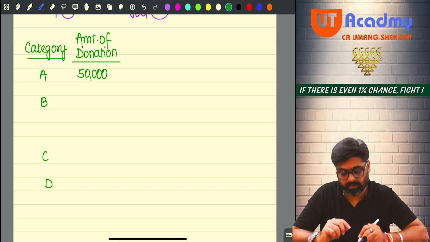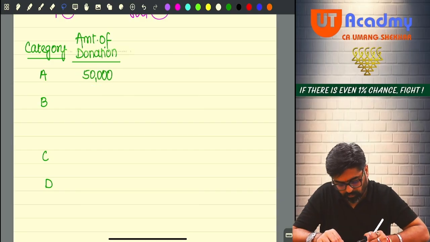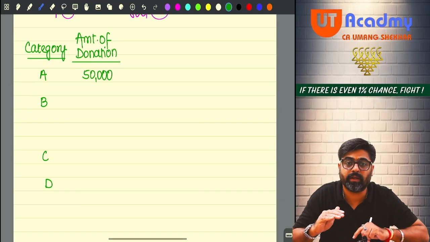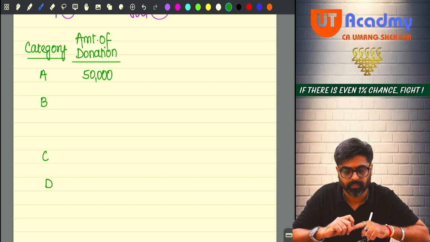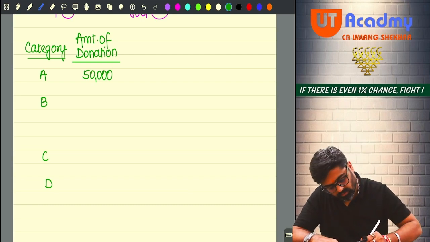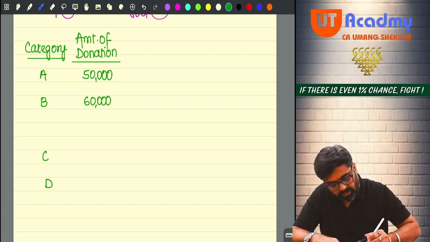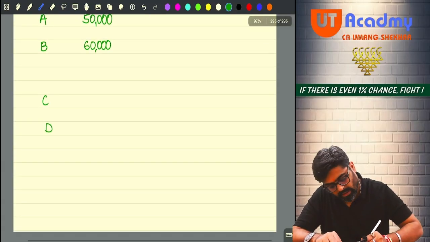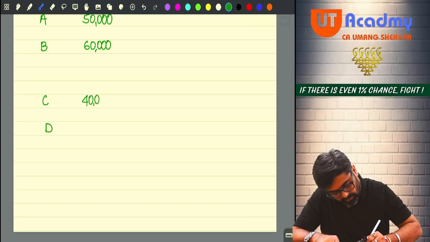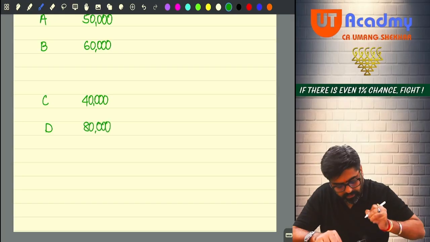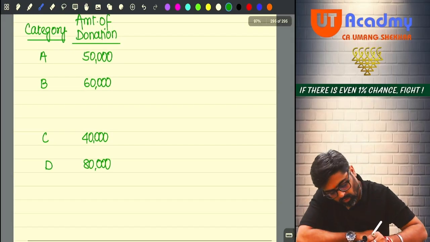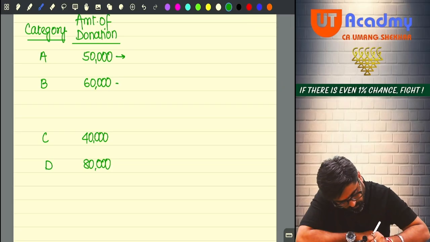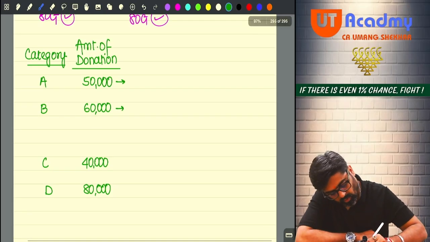Example, you are making a donation of rupees 50,000, and this 50,000 donation is made to those institutions whose names are given in Category A. Now you can make a donation of, example, 60,000 rupees to Category B institutions, then 40,000 rupees donation made to Category C and 80,000 rupees donation made to Category D. Possible? Not possible? Yes, possible. Now pay attention. Out of these, how much amount will qualify?